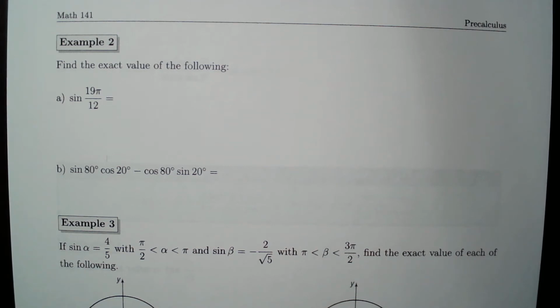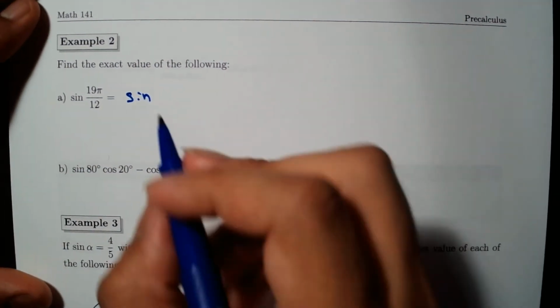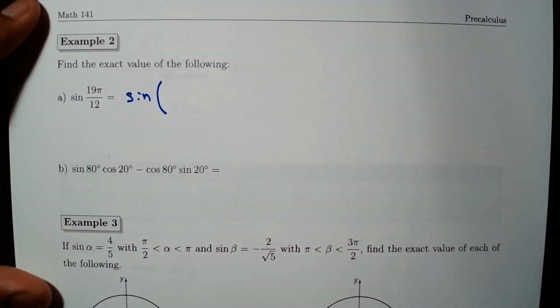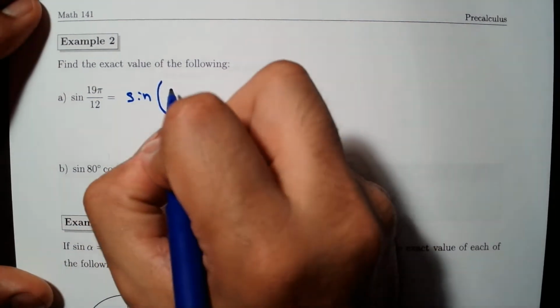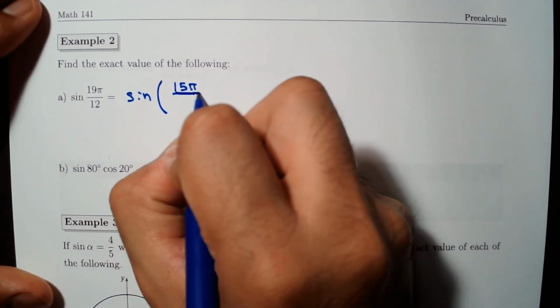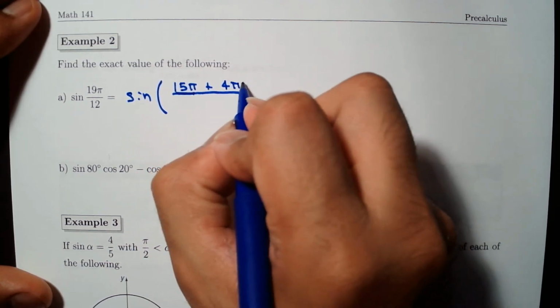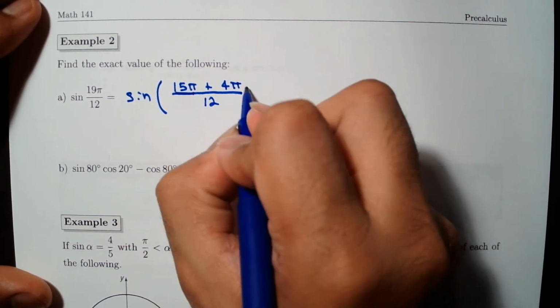We're going to find a way to express that 19 as a sum of nice numbers. I'm going to do sine of the sum. You might be asking, where did I get this from? Well, this is 15 pi plus 4 pi, over 12.